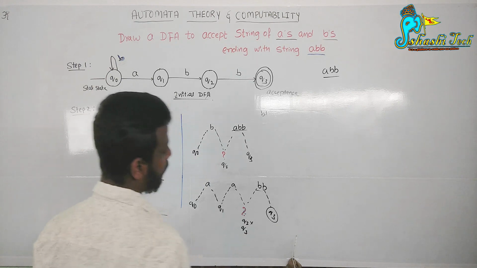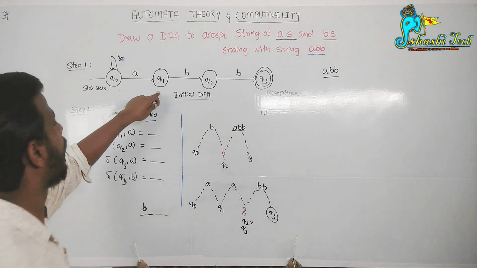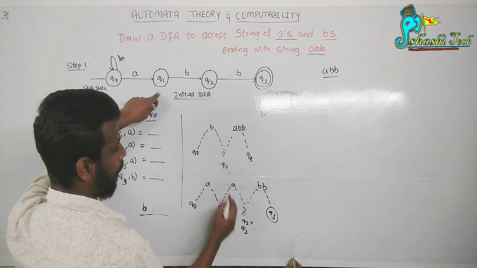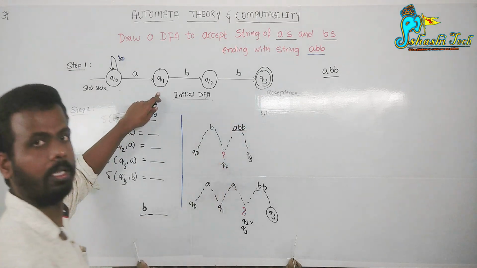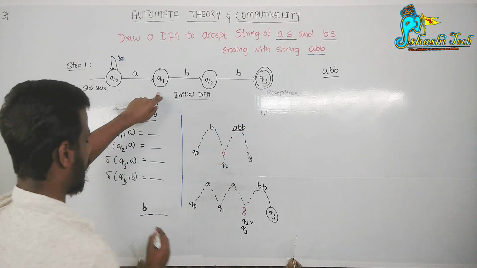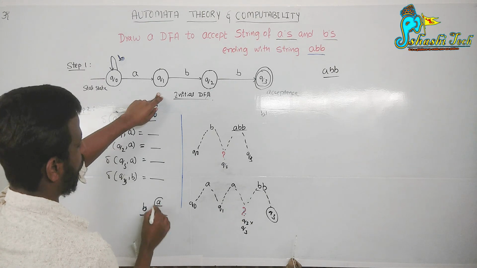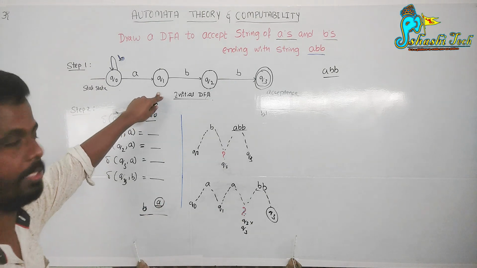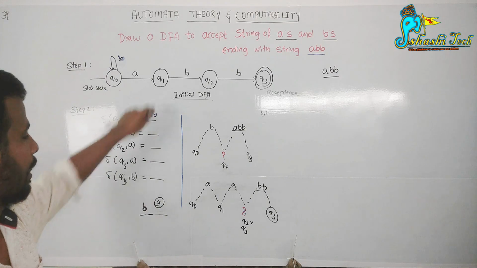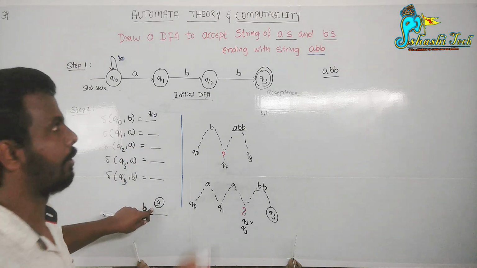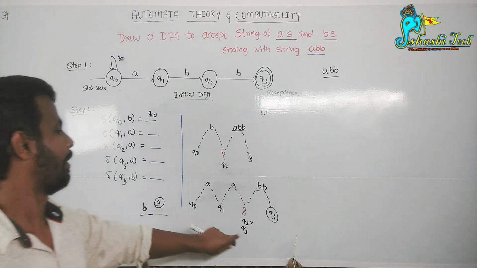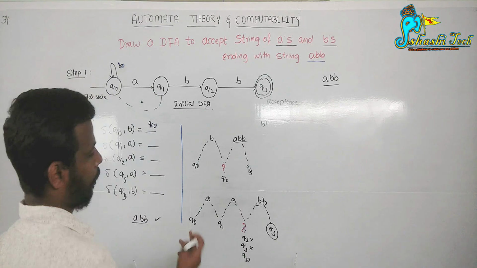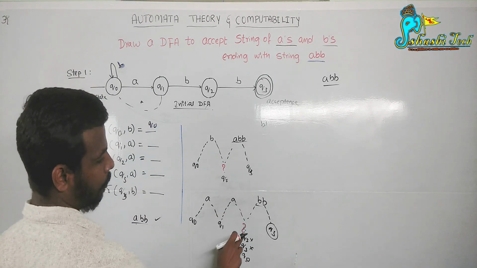Shall I write Q3? Q1 upon accepting A going directly to Q3 is not right, because then it would accept a string with just A. The condition is that the string should end with ABB. Then Q3 also fails.